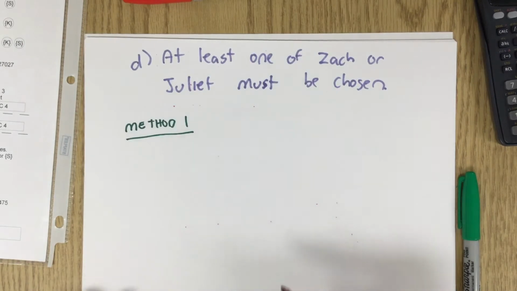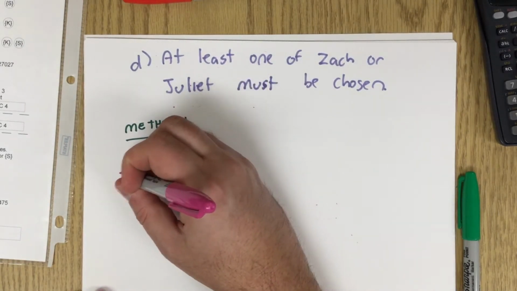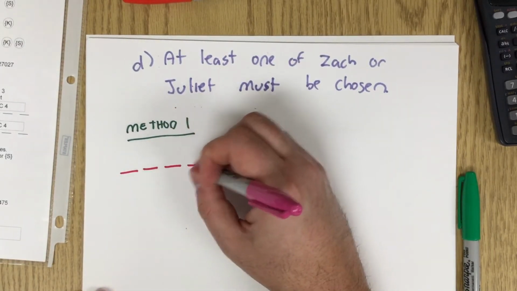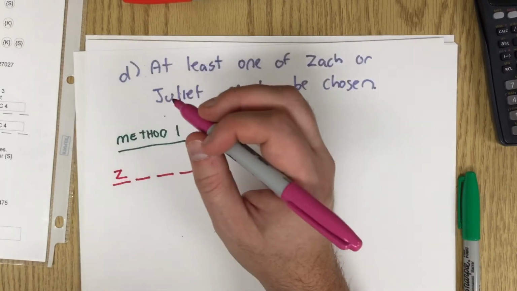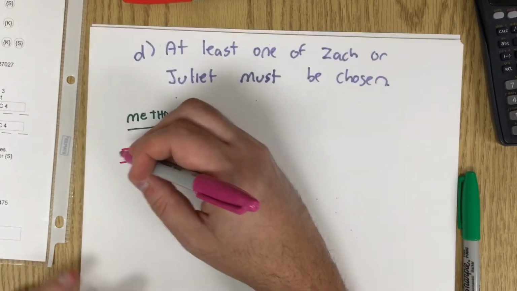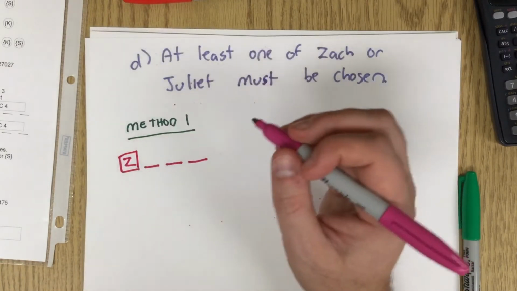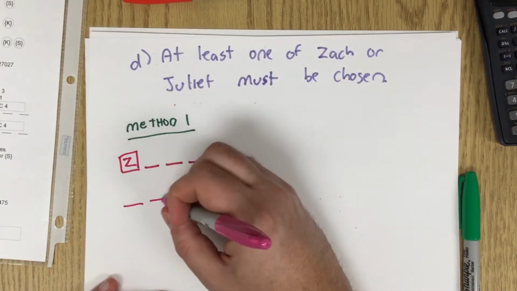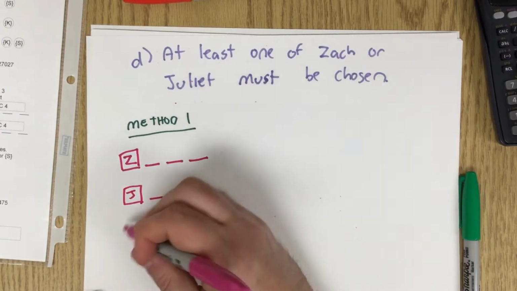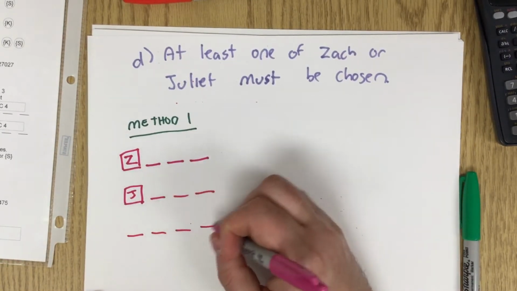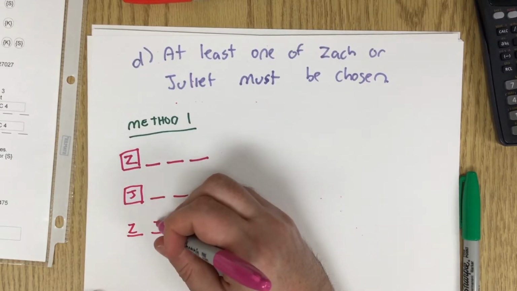So method 1, we're going to look at these 2 cases. So either Zachary is going, or Juliet is going, or both of them are going.